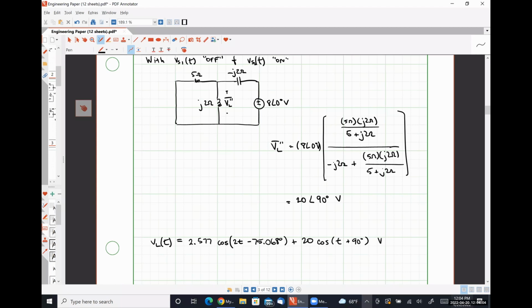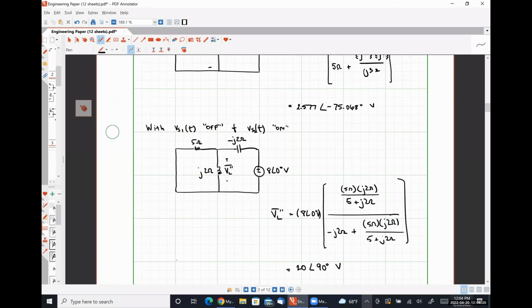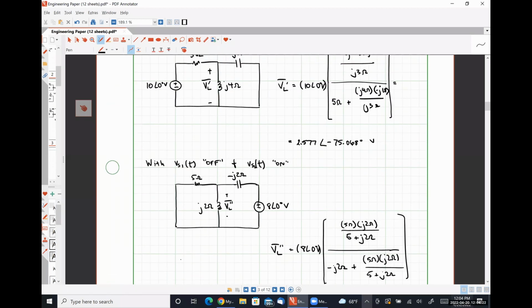So it depends, right? Are you talking about filters specifically? So what we have here in both instances is a simple voltage divider circuit.